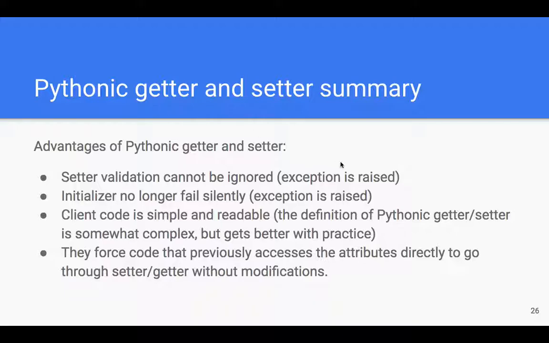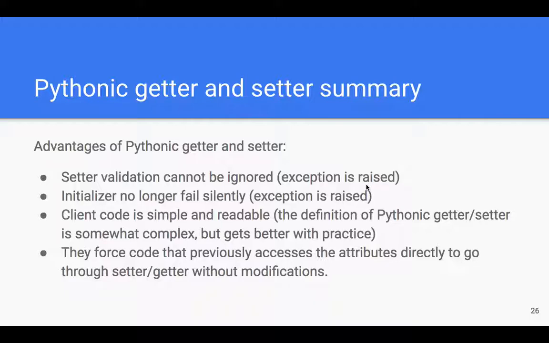However, now, because an exception is raised, the caller has to deal with the fact that if something goes wrong, then it has to take the appropriate action. So the setter validation can no longer be ignored. So that's good. The second goal, the initializer, if it gets bad initial values, it also raises exceptions. So any error there, again, cannot be ignored either.